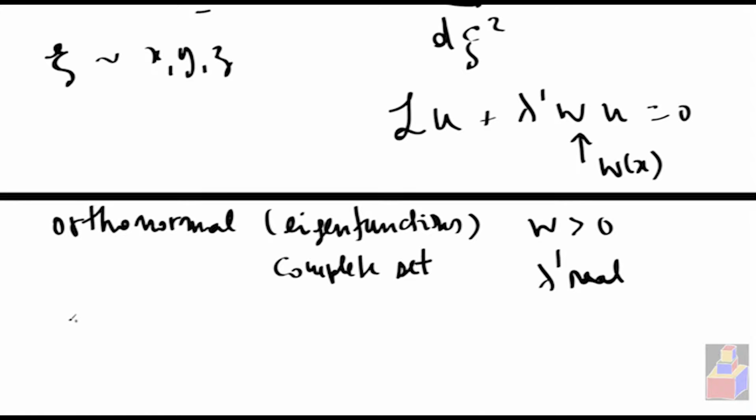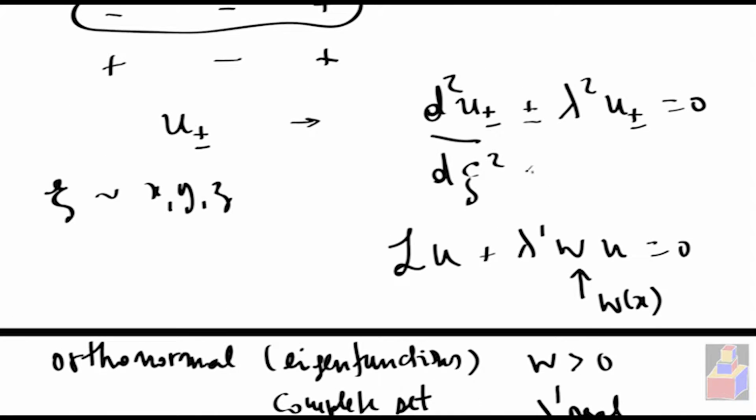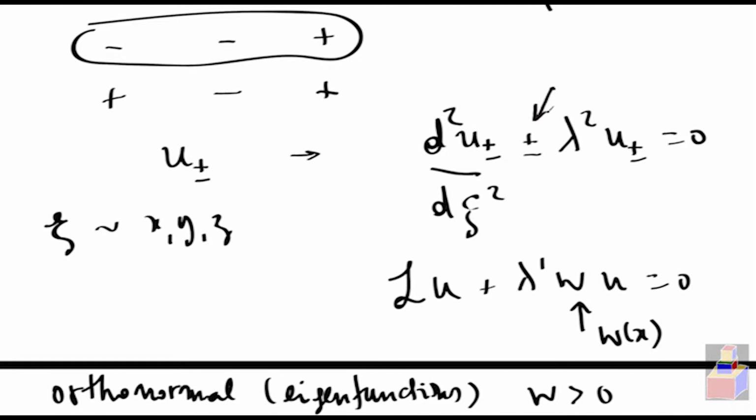So, in our case, for the equation in which I have a plus, w equals to 1, and lambda prime equals to lambda square. And for w equals to minus 1, because we're going to have an equation like that, depending on the choice we made for each constant. I mean, for the choice of plus sign, we can generate eigenfunctions associated to those eigenvalues.